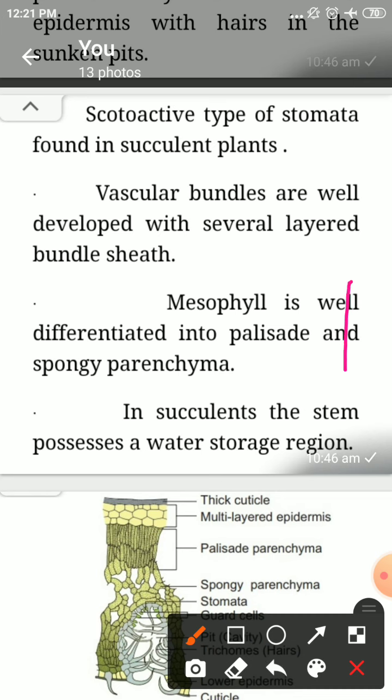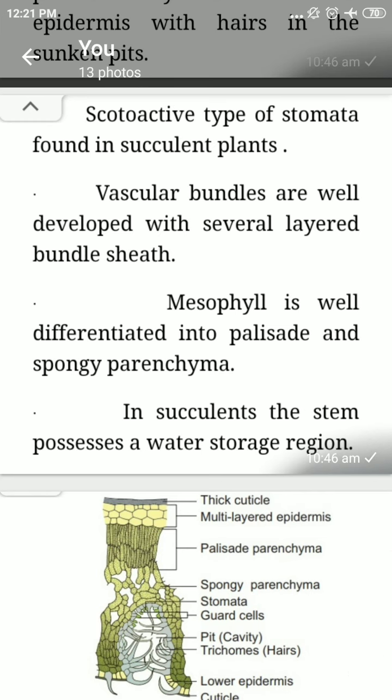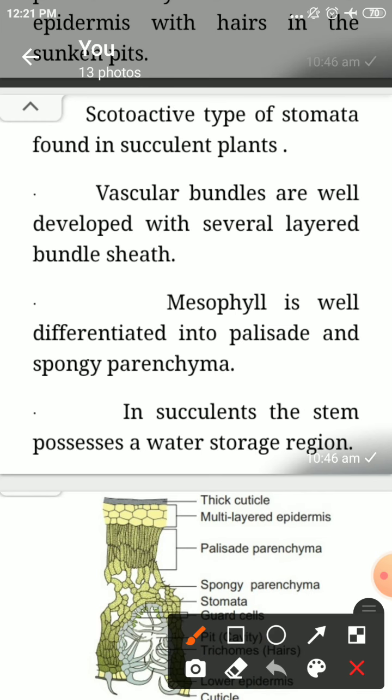Besides this, the next anatomical adaptation in these plants is that the conducting or vascular tissues are very well developed. They are very numerous and well developed. This is opposite to the hydrophytes, where the vascular tissues are very reduced, represented by only one or two.